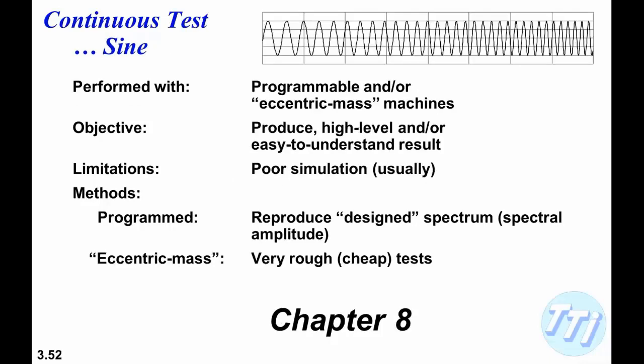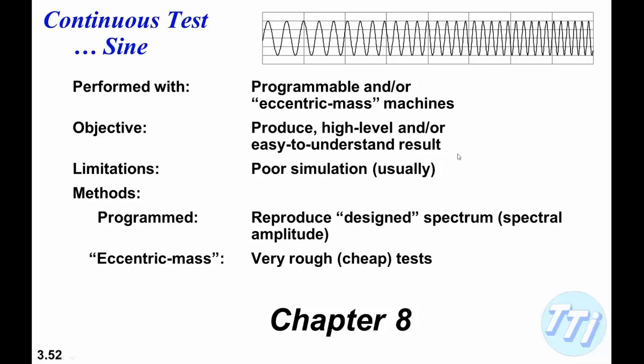Then a continuous test like sine. What I'm showing here is a sine sweep, and it's performed with a programmable exciter or perhaps an eccentric mass machine. We don't see many eccentric mass machines anymore, but if we're shaking a skyscraper, maybe that's one of the options that we might use. The objective is to provide a high level or easy to understand result.